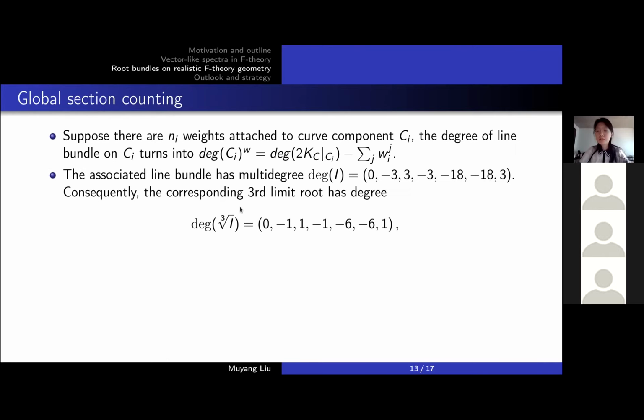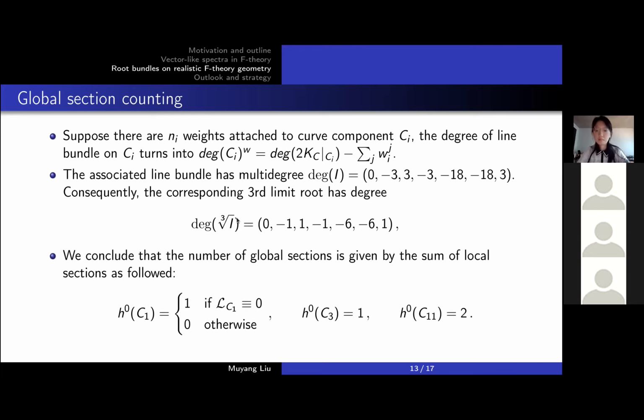Then I have computed the multi-degree of each component after the above procedure, and that's the result. If we divide the multi-degree by 3, we obtain the multi-degree of the third limit roots. And we conclude that the number of global sections on the whole curve is given by the sum of local sections as follows.